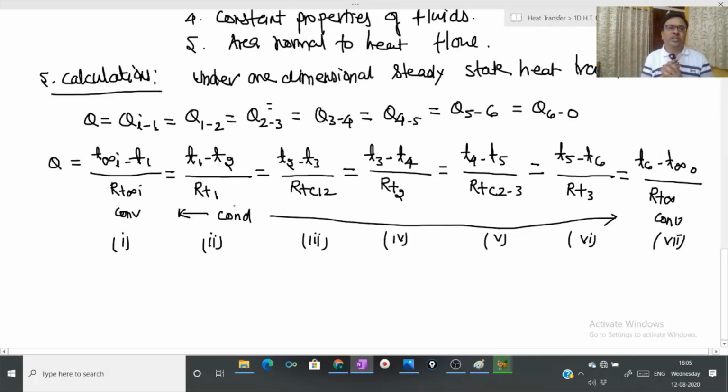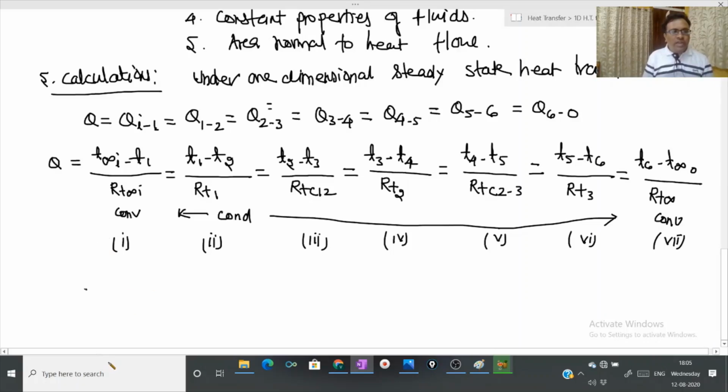But what is the problem here? I know only the values of two temperatures, hot gas and cold air, that is T infinity I and T infinity O. Under such a condition, if I want to calculate the rate of heat transfer using these two temperatures only, I have to write a different expression considering only T infinity I and T infinity O.